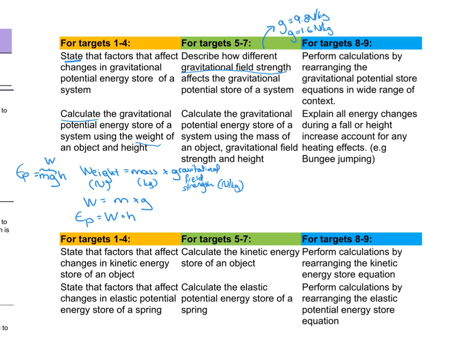And this is what it wants you to be able to explain. Since we know that gravitational potential energy relies only on these three quantities, if I increase or decrease the gravitational field strength, for the same mass object and for the same height of moving it, then my gravitational potential energy will either increase if I have a higher gravitational field strength, or decrease if it's less.